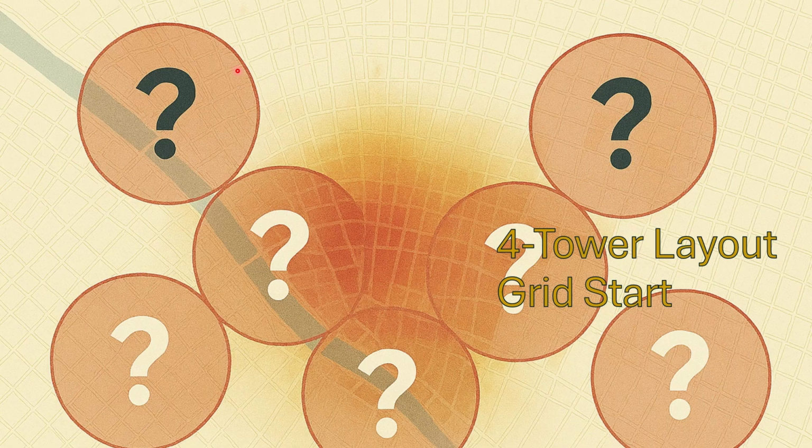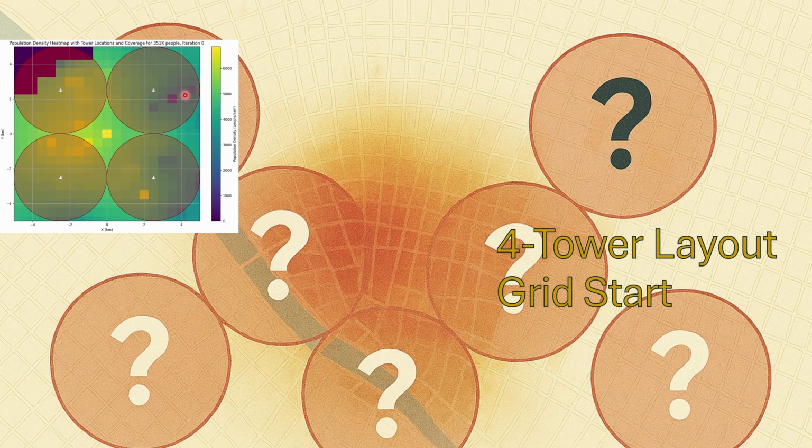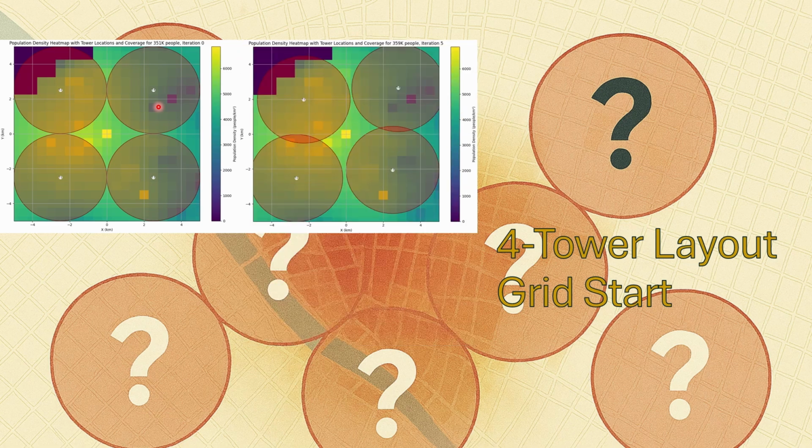All right, let's do the same thing with 4-tower, but a grid start. So we have our start here with the grid, and we wound up with an already improvement of 351,000 folks. Let's see if we can do better than the original random approach. At iteration 5, we increased that by 8,000 folks to 359.